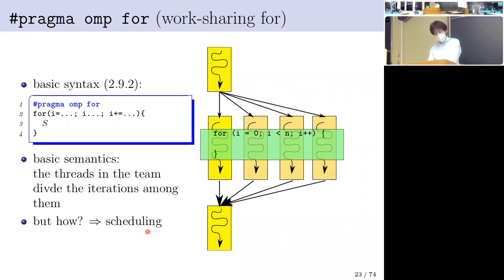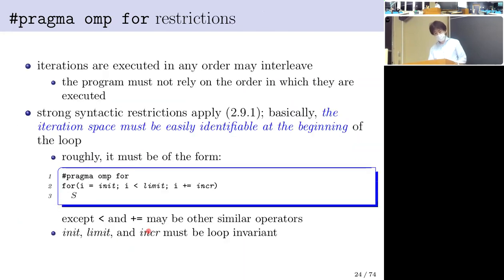So how exactly are they divided among the threads? It is determined by something called a scheduling clause. Before getting into this scheduling clause, you have to know that there are many restrictions. It's not that OpenMP can parallelize arbitrary for loops for you.